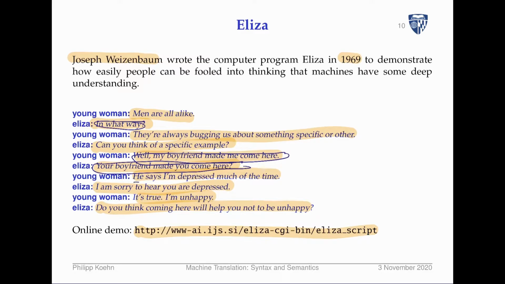Here is I'm depressed much of the time. And that gets rephrased into I'm sorry to hear that you are depressed, and so on. So what this method actually does, if you look at the code, it just has some rules to turn statements into questions and maybe some fancier patterns, but it's really just a few patterns. And whenever it's lost, it says things like I see, or in what way, or tell me more about your mother.